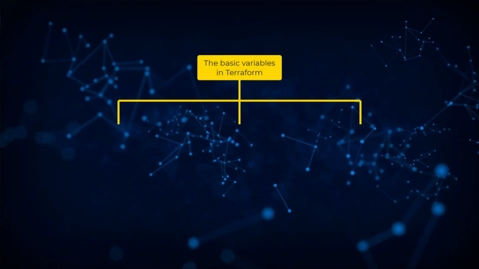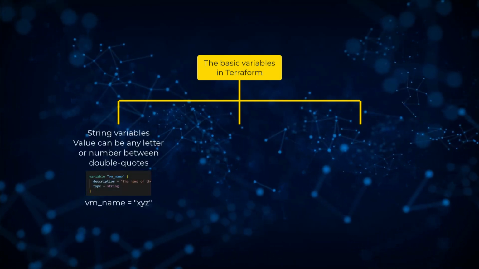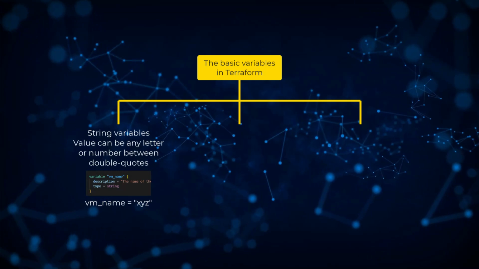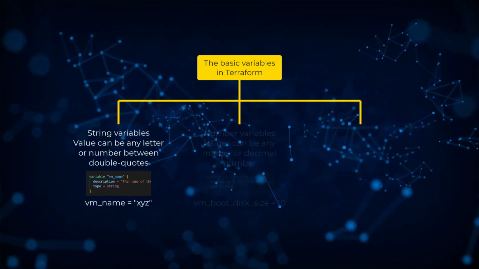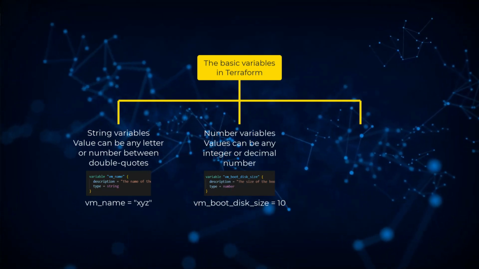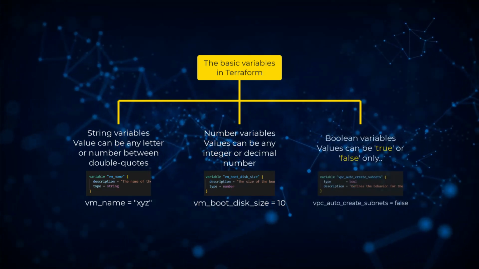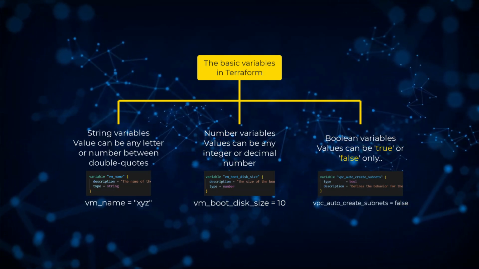Now there are three main types of variables in Terraform. First, we have the string variables that we use to store words and characters and stuff like that. Then we have the number variables. Obviously, they are used to store integers. And then we have the Boolean variables that are either set to true or false.